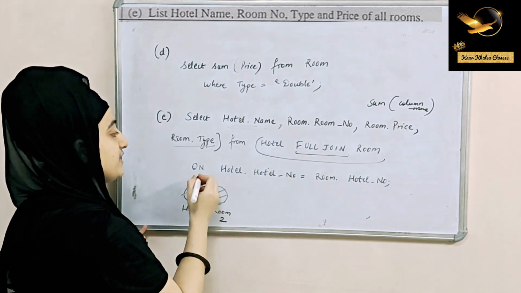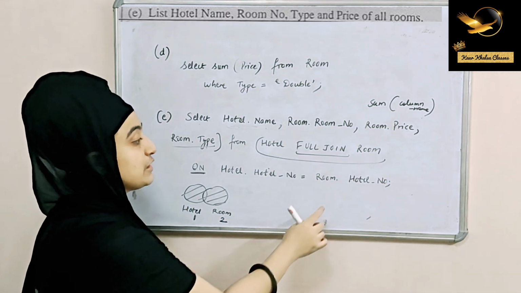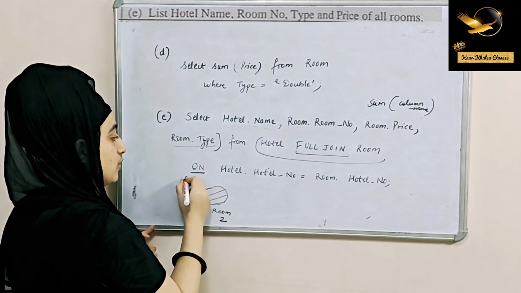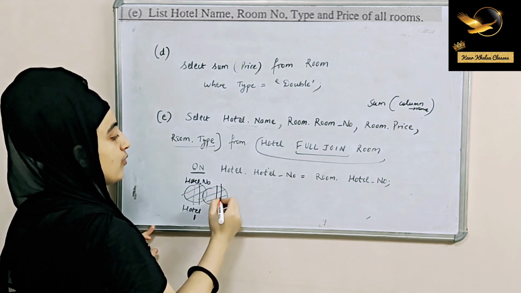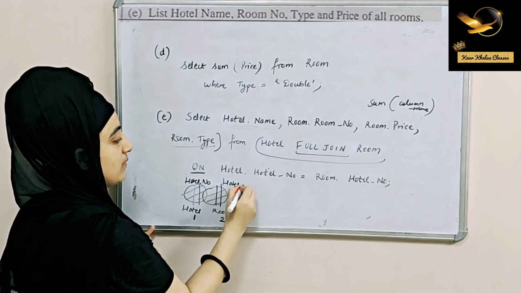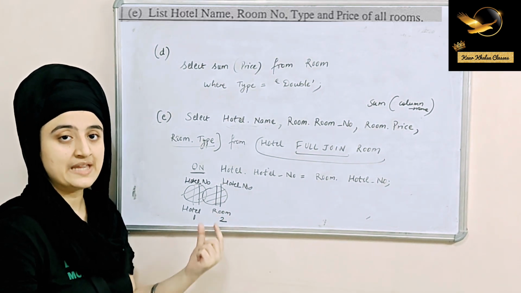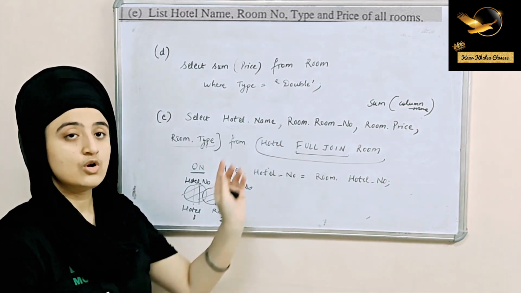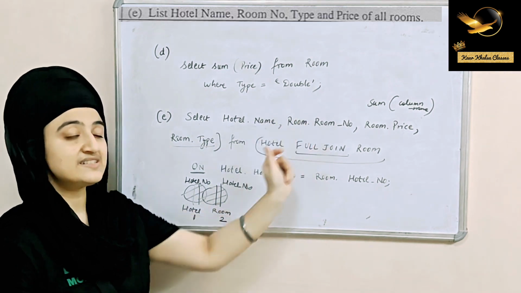So for the full join, the condition is on hotel dot hotel number is equal to room dot hotel number. So hotel has hotel number as a column and room also has hotel number as a column. So wherever the column values are the same, on that row only apply this condition or print the values, or you can say show these things as the output.